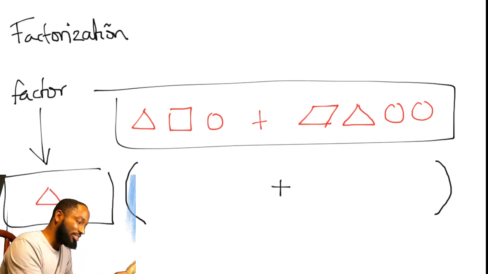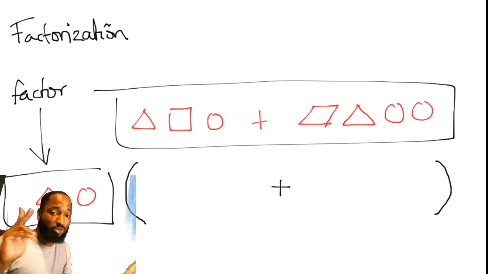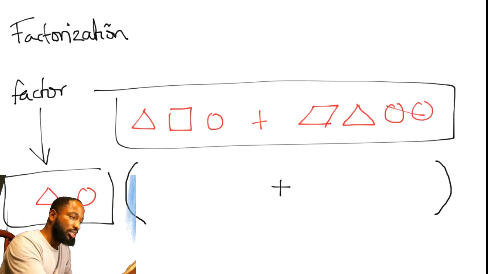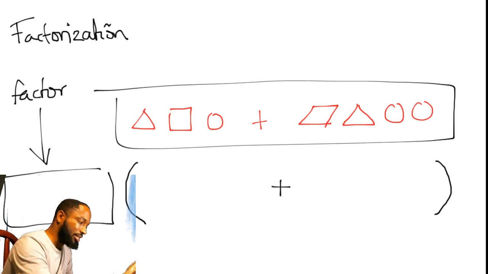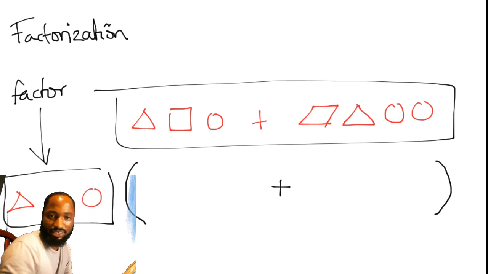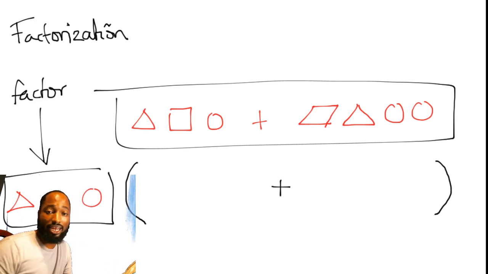We've seen a triangle is common, and we've seen a circle is common. Now we don't put two circles because only this side has two circles. So it's the triangle and the circle.